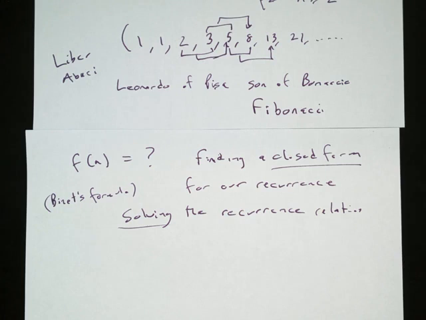But if I have a simpler recurrence relation, I should be able to find this closed form. An example.